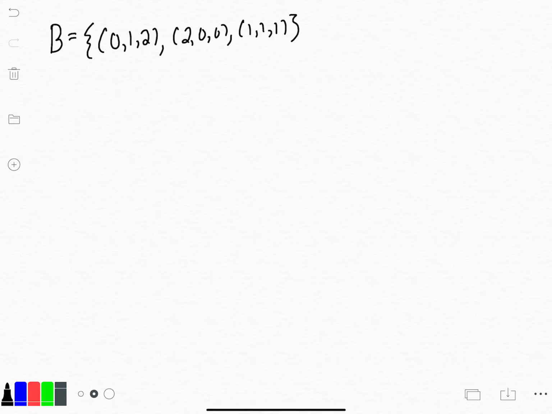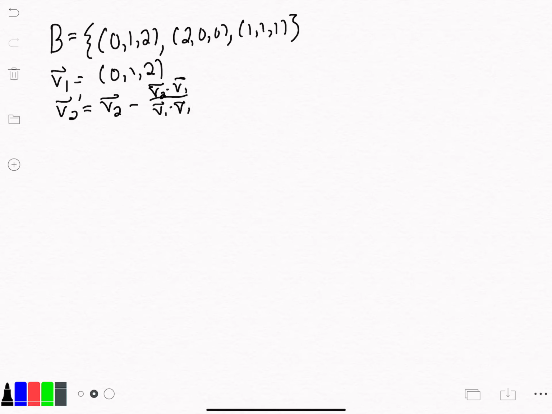Right, so our first basis vector stays what it was. We're not going to do anything to this one here. To find our second basis vector, we start with the original second vector, and we're going to subtract off the projection here.